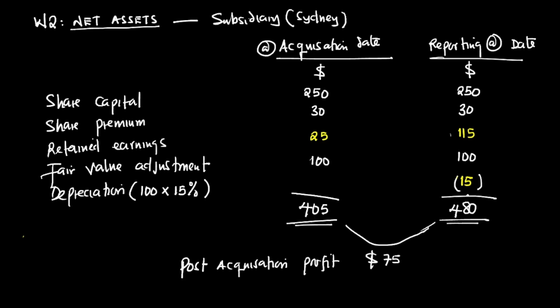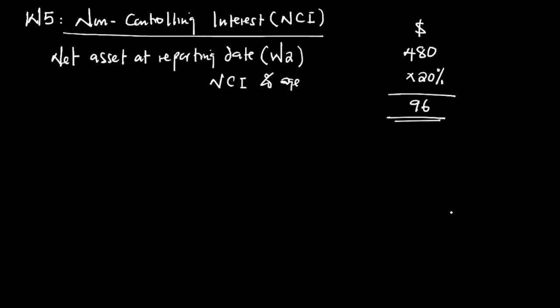So that's where you base your non-controlling interest. These guys are shareholders. So from the total assets that they have, 20% belongs to them. Great, so that's how we calculate the non-controlling interest. We make progress. We go to working number 6.